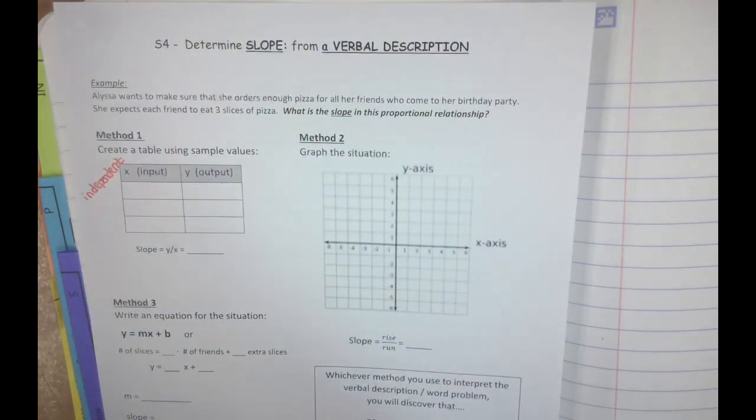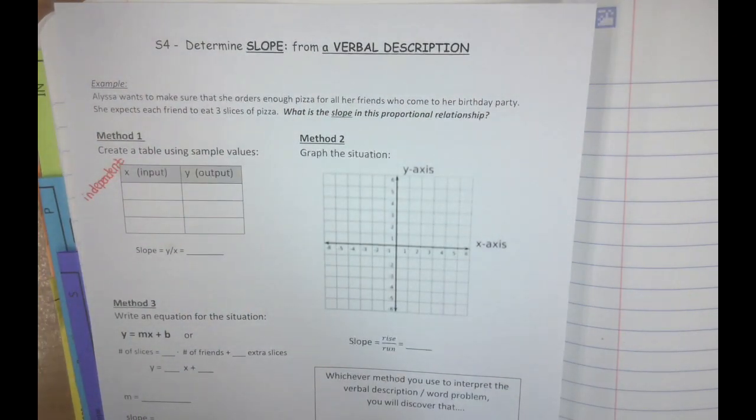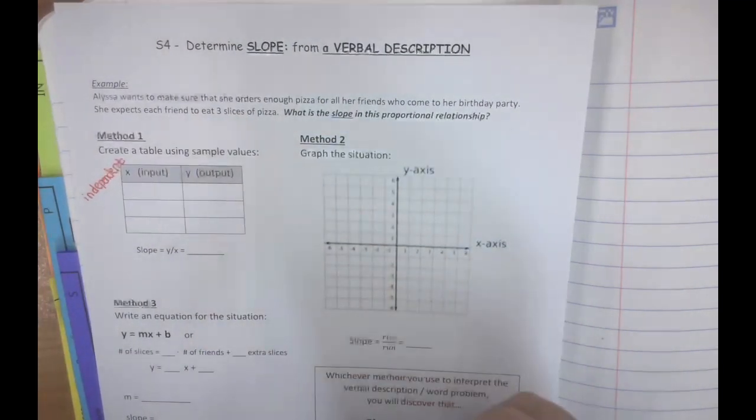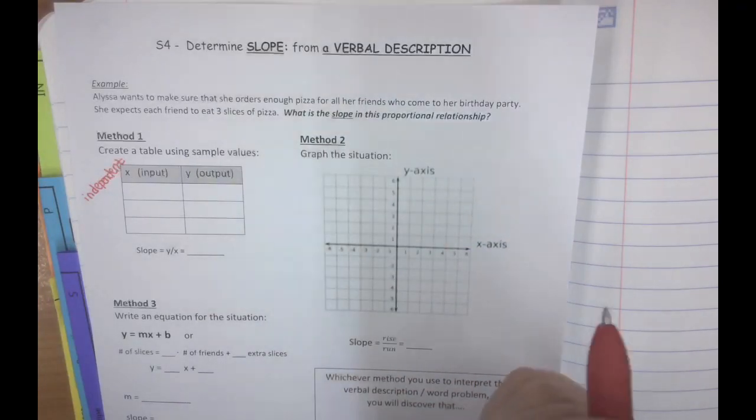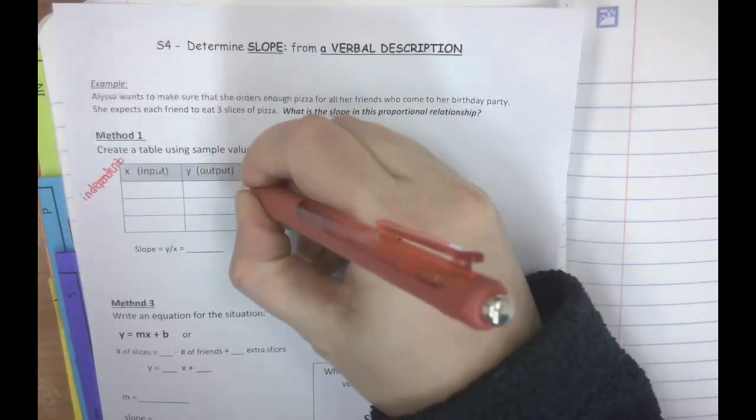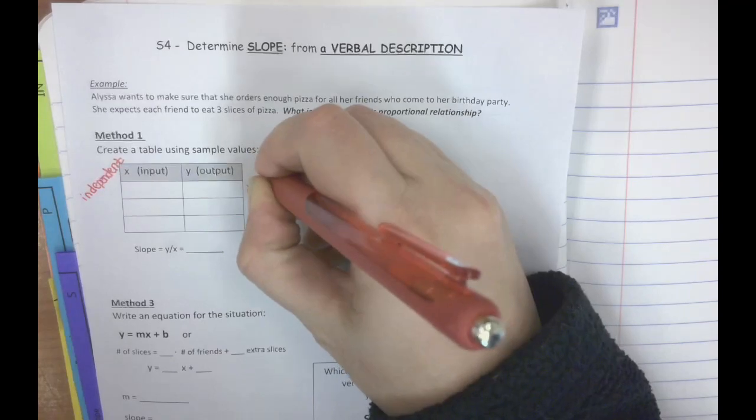And if you think to science class, your independent variable is what is going to be placed along the x-axis. For instance, usually time is an independent variable, so that is normally along your x-axis. Your y-axis, your output, is going to be made up of your dependent variable.